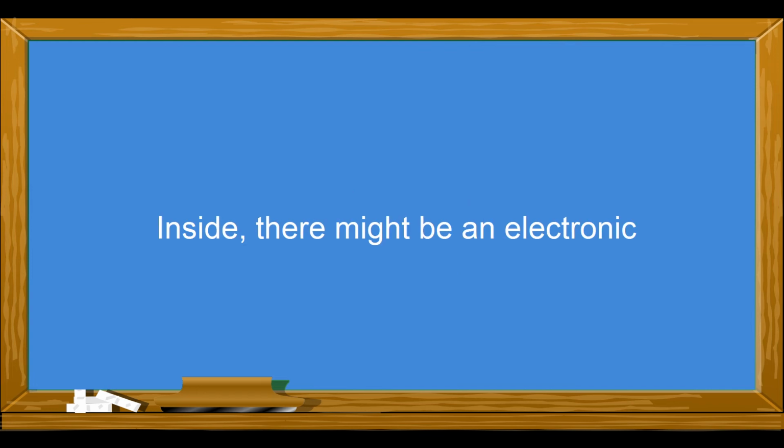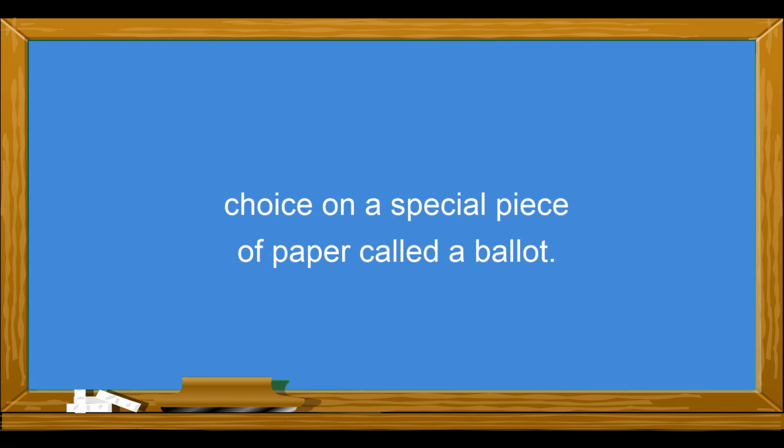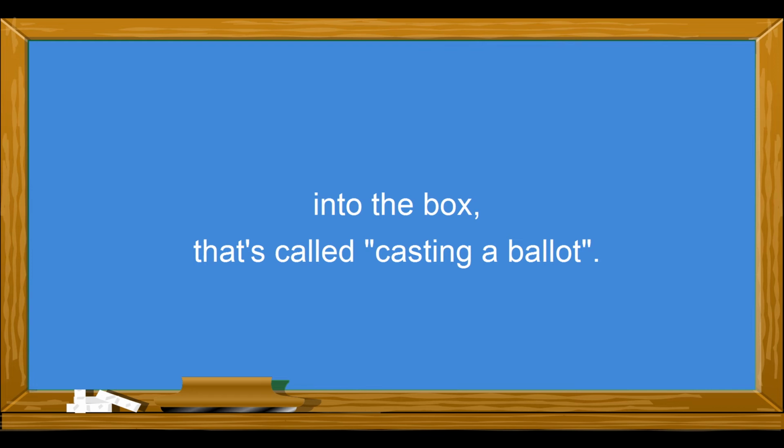Inside, there might be an electronic device for electronic voting, but probably voters will just mark their choice on a special piece of paper called a ballot. When they fold and drop the paper ballot into the box, that's called casting a ballot.